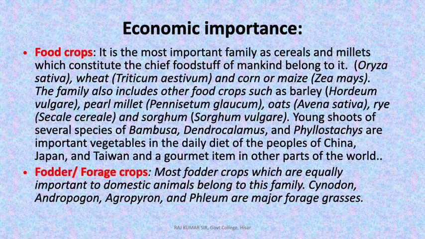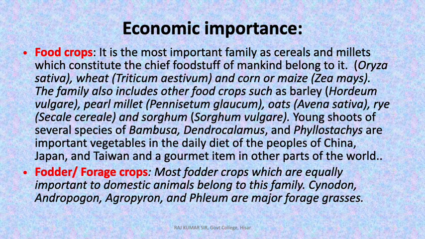Economic importance, food crops. It is the most important family as cereals and millets, which constitute the chief foodstuff of mankind, belong to it, like Oryza sativa, wheat and corn or maize. This family also includes other food crops such as barley, pearl millet, oats, rye, sorghum.